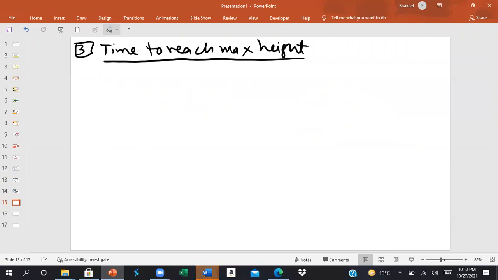And now, number 3, we have to find the time to reach maximum height. How much time will the projectile take to reach the maximum height? And again, we'll be using the vertical component. So vertical components of velocities are used.